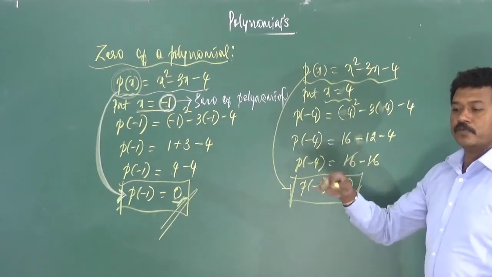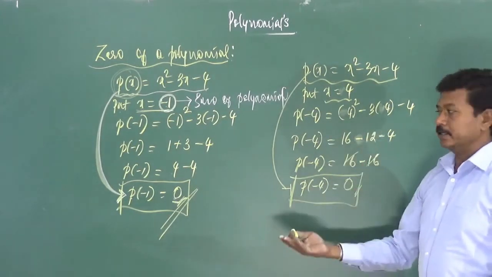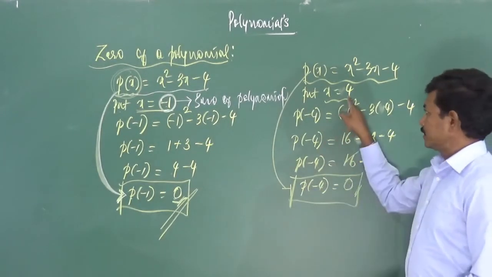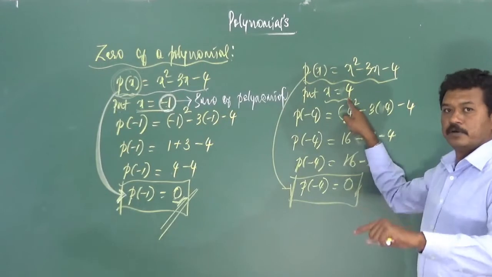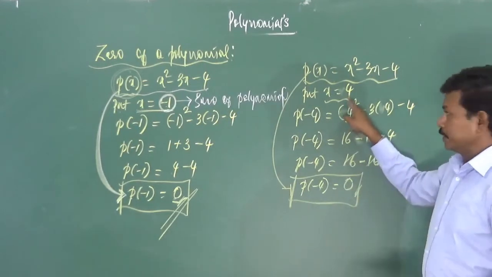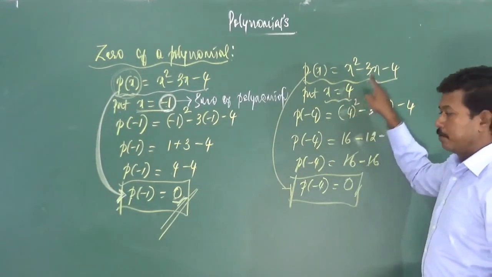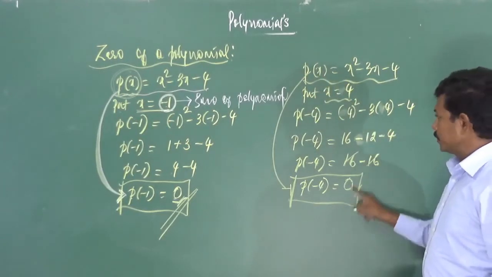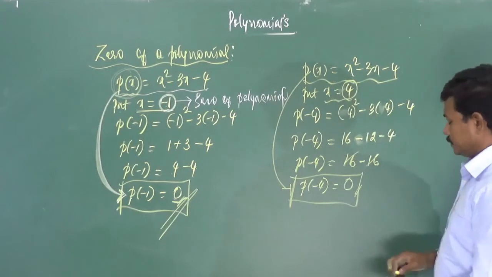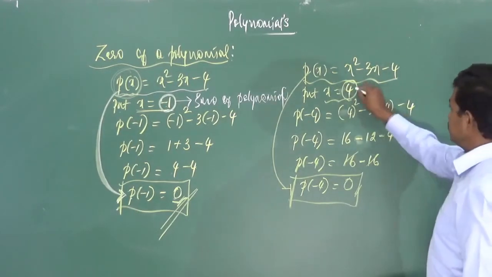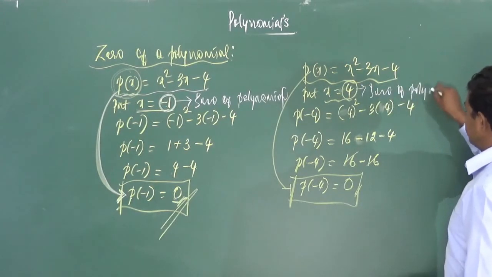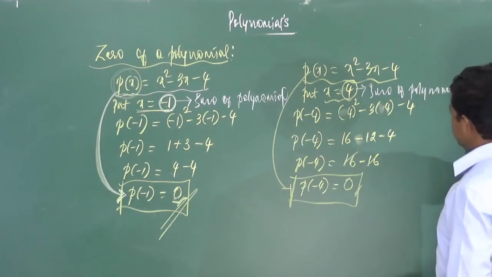That's a very important question. As I told you earlier, what value of k, the real number here, made the polynomial p of x equal to 0? Here x is equal to 4 made this polynomial p of x equal to 0. Therefore 4 is called the 0 of the polynomial. Please remember this.